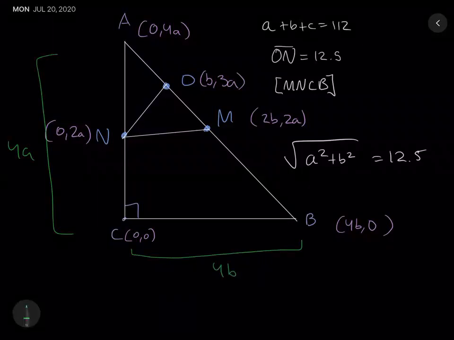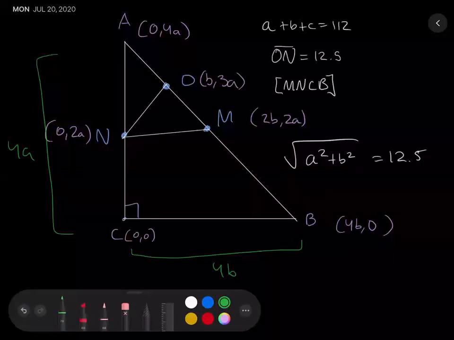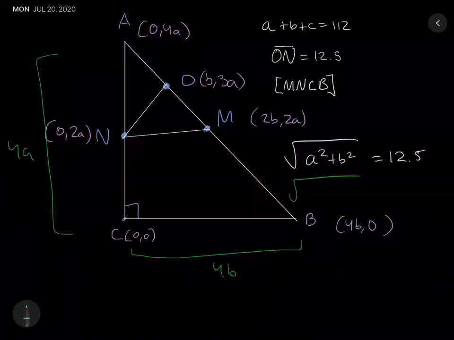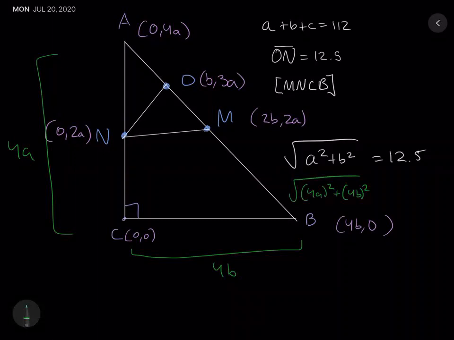And AB, the same way we did it before, on the x-axis is 4b, on the y-axis is 4a. So the distance formula tells us that this thing has to be the square root of 4a squared plus 4b squared. We know the value of that. That's just 4 times the original one, which is equal to 50.